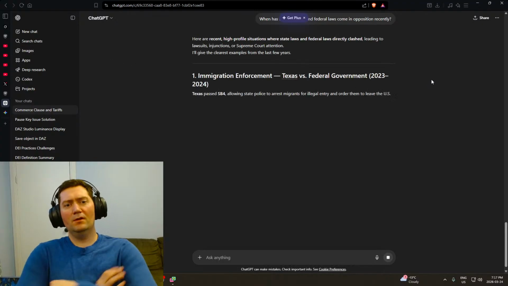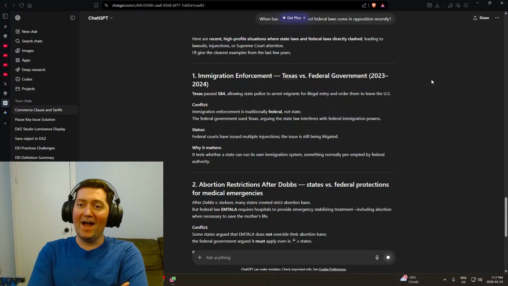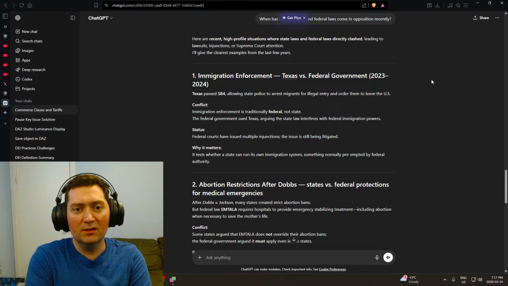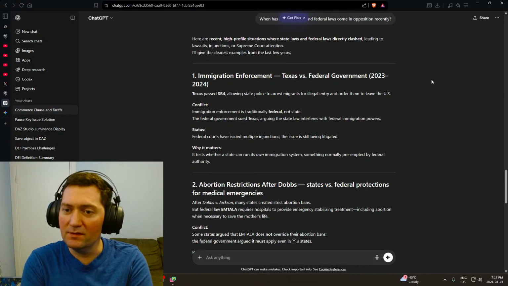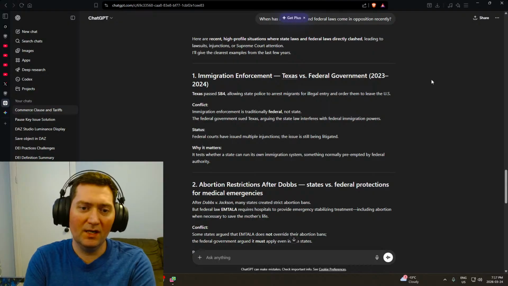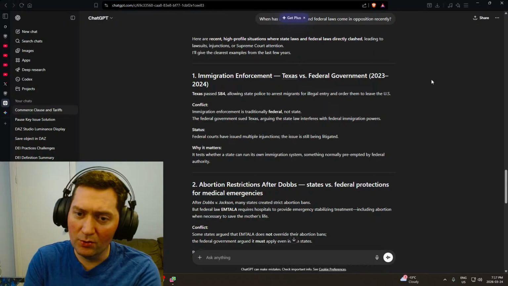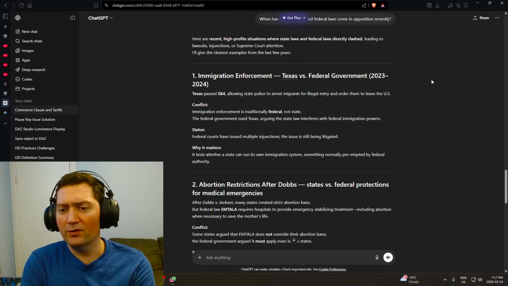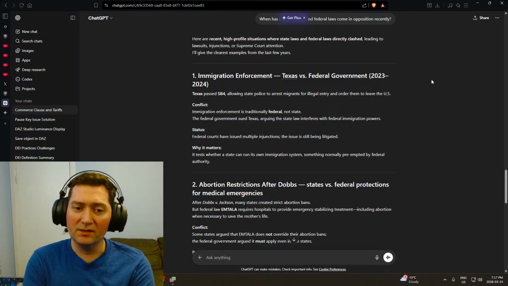Here are recent high-profile situations where state laws and federal laws directly clashed, leading to lawsuits, injunctions, and Supreme Court attention. Immigration enforcement: Texas versus the federal government. Texas passed SB 4, allowing state police to arrest migrants for illegal entry and ordering them to leave the U.S. Conflict: immigration enforcement is traditionally federal, not state.